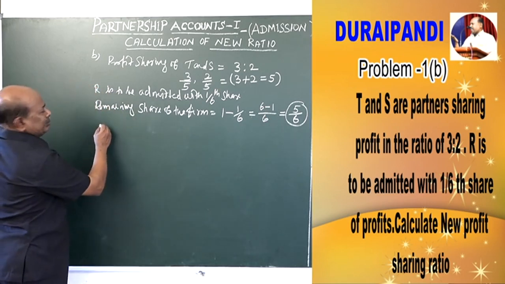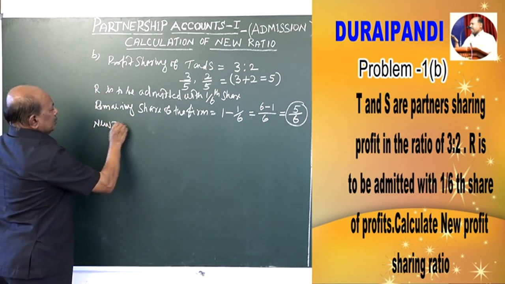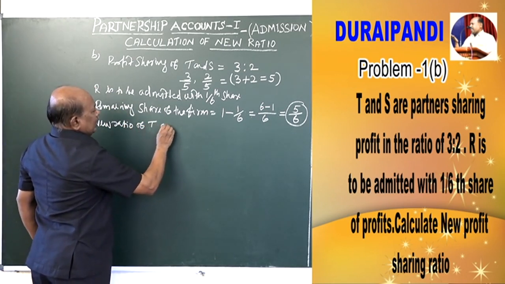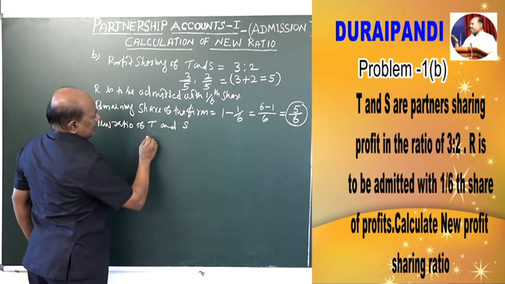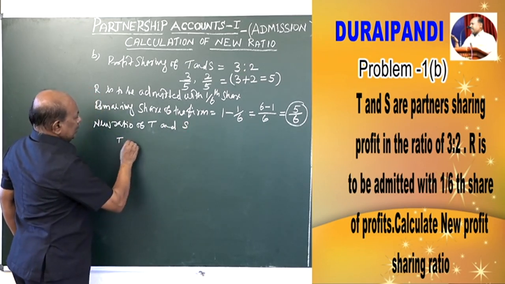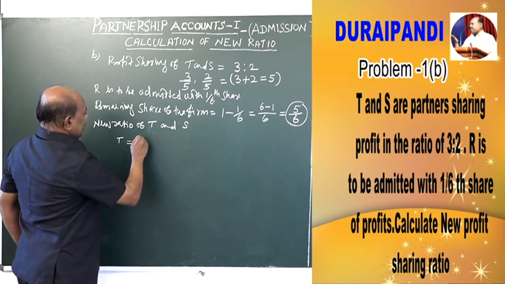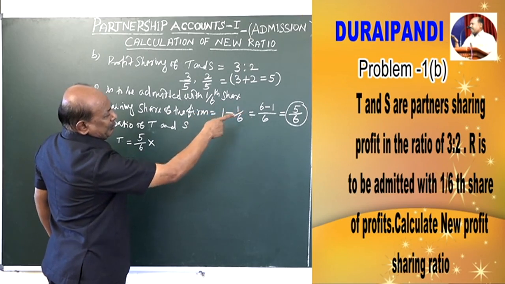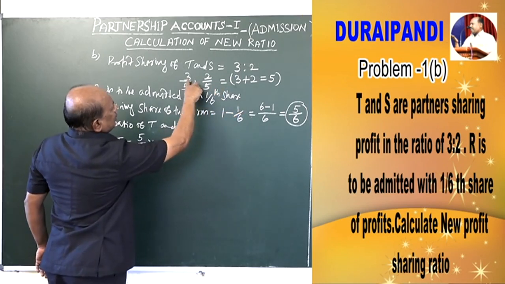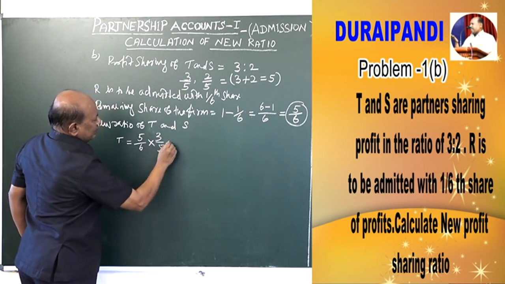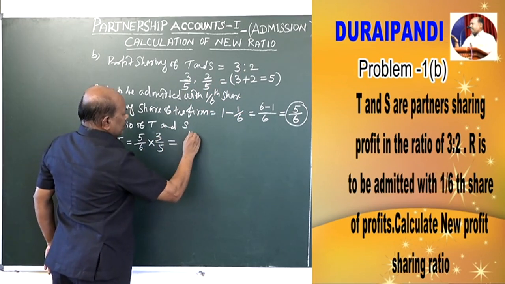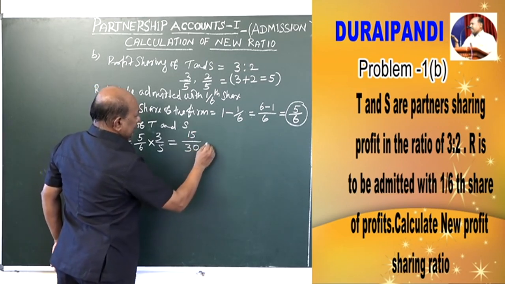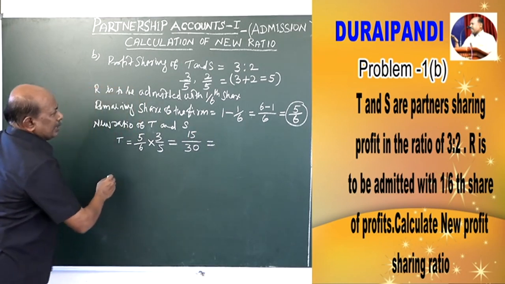Now the new ratio of T and S. For T, it is equal to the remaining share 5/6 into his share of profit, that means 3/5. That is equal to 15 divided by 30.